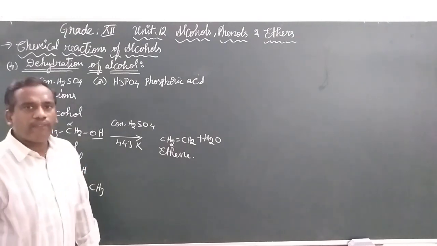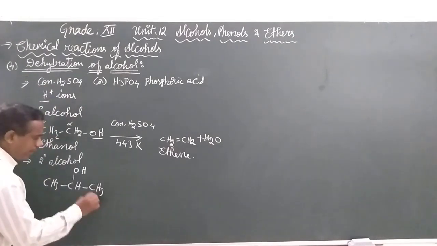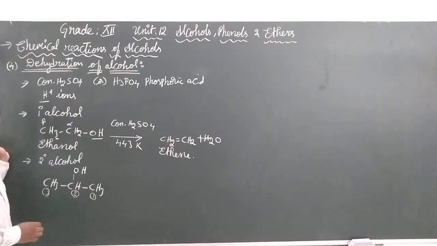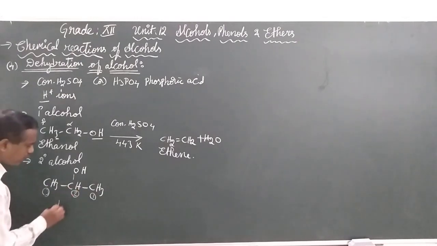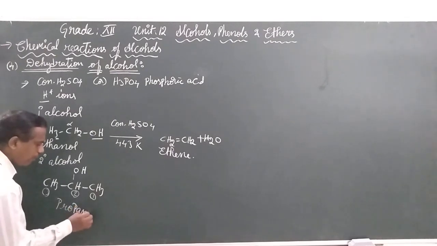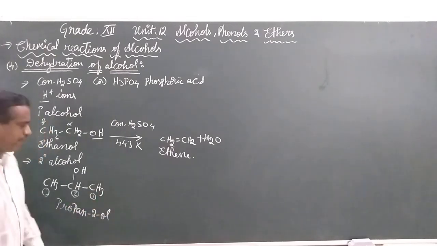Can you give any name for this compound? There are three carbon atoms, so the longest chain is propane, and the alcohol group is on its second carbon, so we can call this propanol or propan-2-ol is the exact name.